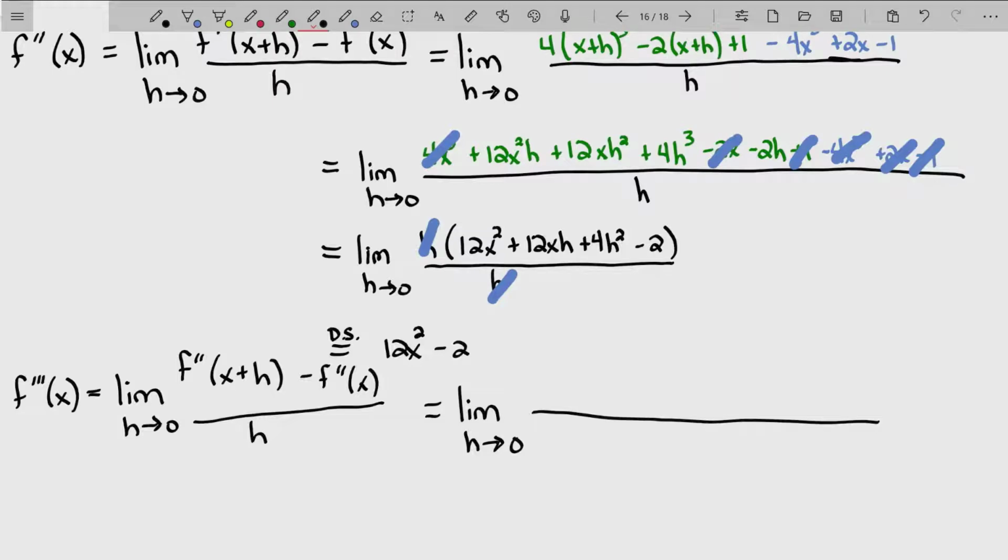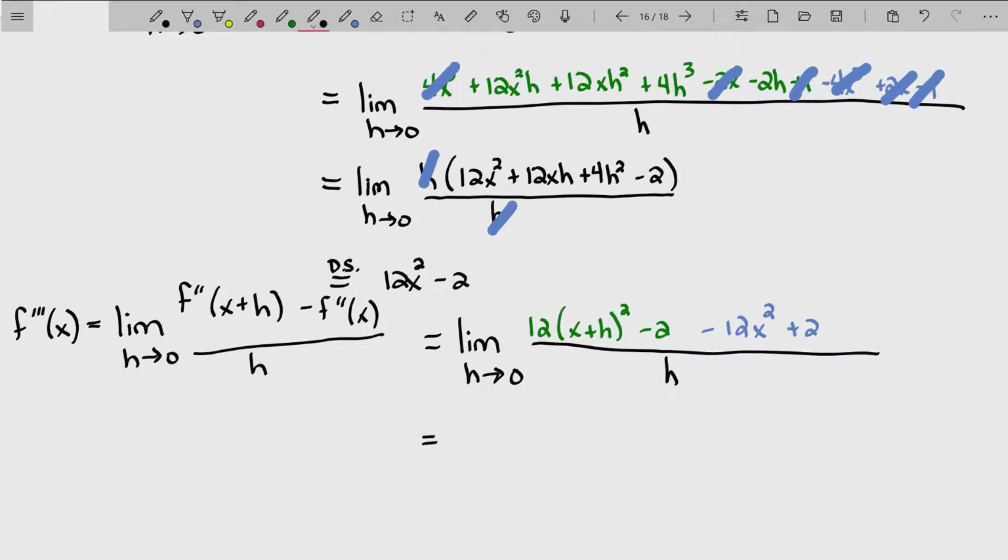So we have, let's see, 12 times the quantity x plus h quantity squared minus 2. And then we're going to subtract the second derivative evaluated at x. So that'd be 12x squared plus 2, because you're subtracting that entire statement. It's all over h. And now we will go ahead and distribute things out.